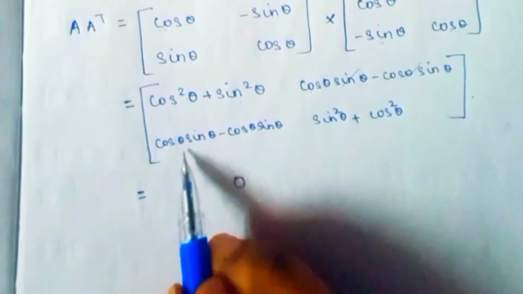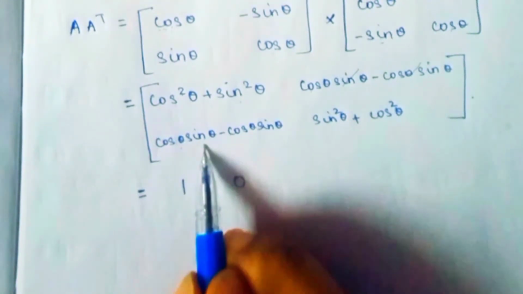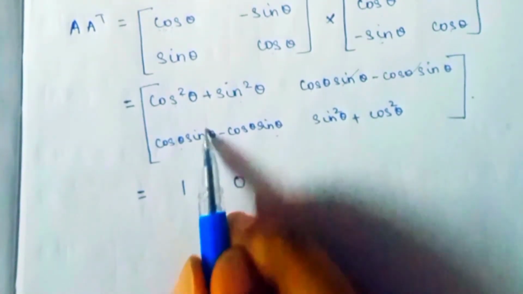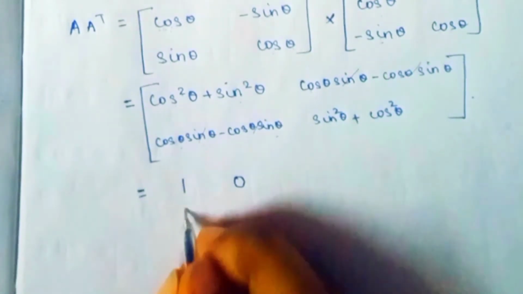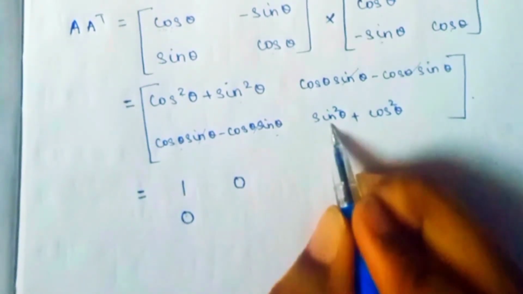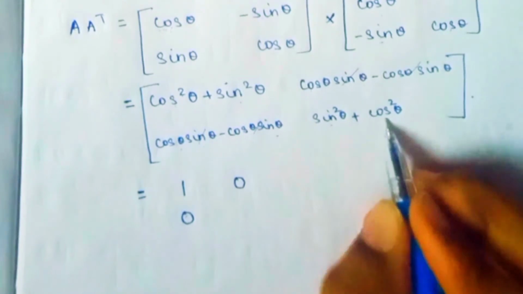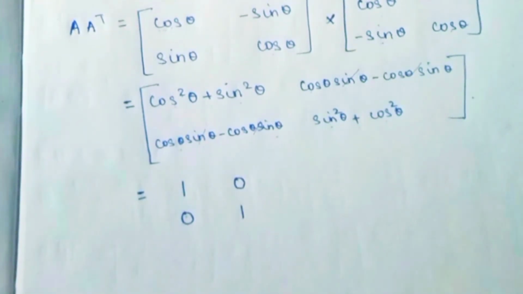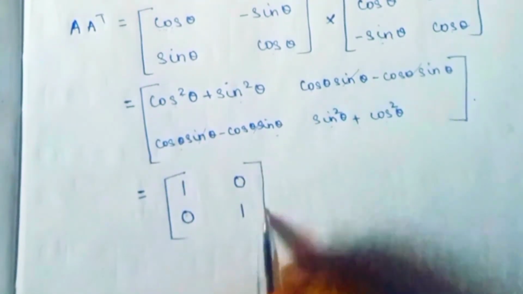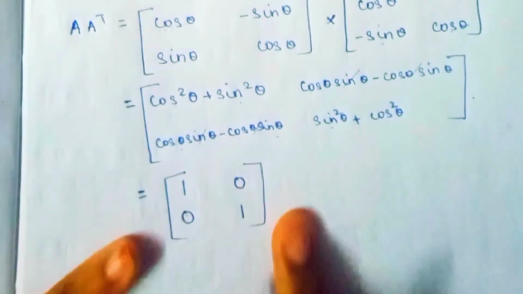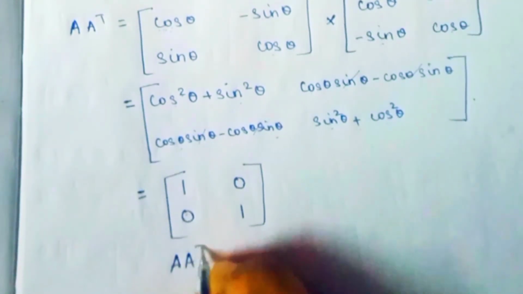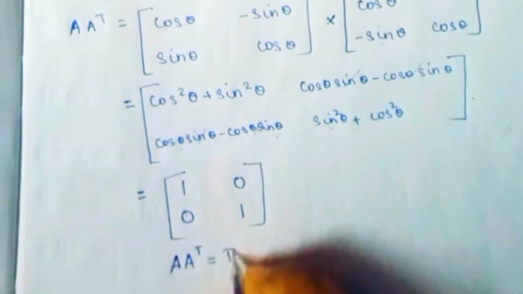Again here, cos theta sin theta minus cos theta sin theta cancels, and here you will get 0, and sin square theta plus cos square theta is also 1. So here you get I2, correct? So hence we prove that A into A transpose is equal to I2. Hence proved.